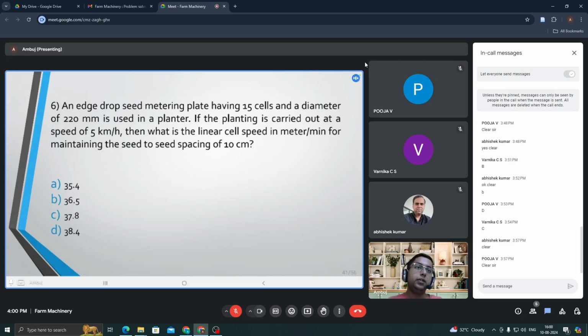For the linear cell speed in meter per minute, V is pi D N. This formula you can use. Now you have to calculate what is the N. D is given. Try to solve.